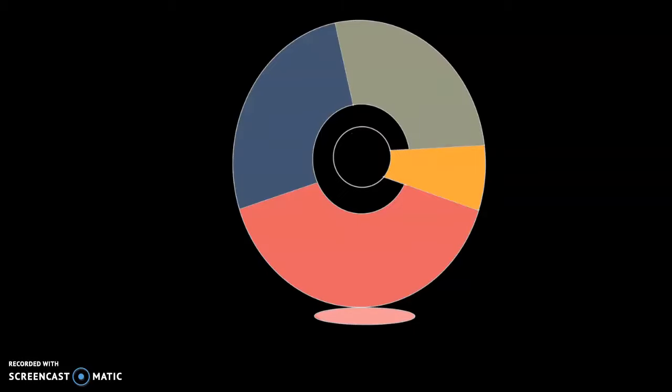So to start off, I've made a diagram of the cell cycle. And the cycle is going clockwise, this way. The first phase of the cycle is known as the G1 phase.